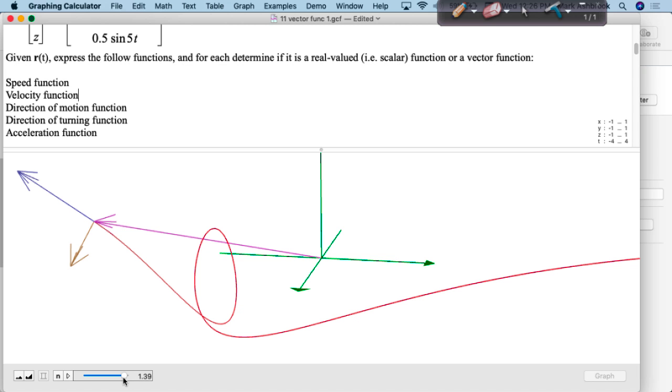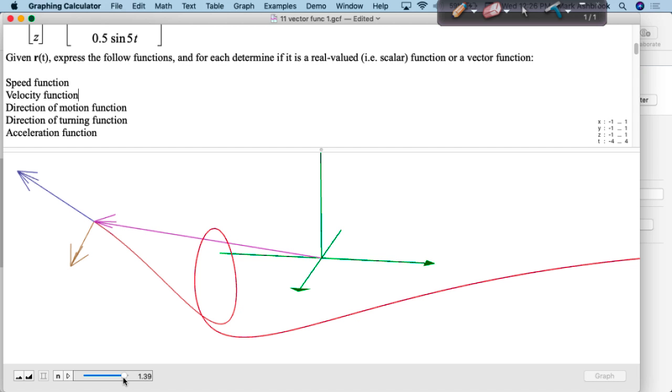Constant speed, right? And? But we're turning which way? Turning down, right? So all your acceleration is due to turning, pretty much orthogonal, in the direction of n. But here the speed is pretty much staying constant. I love this function. It's awesome.